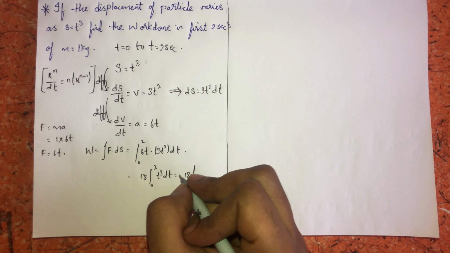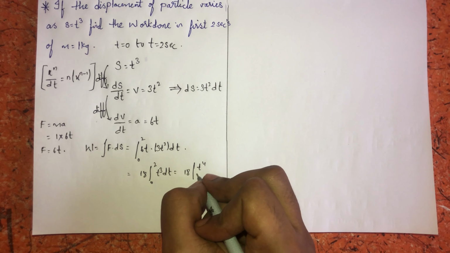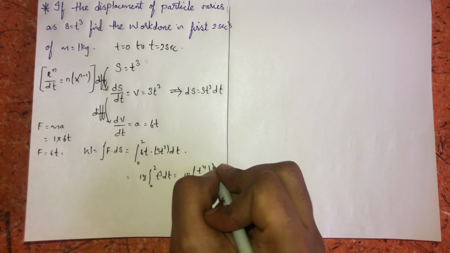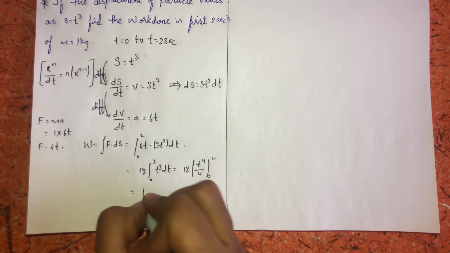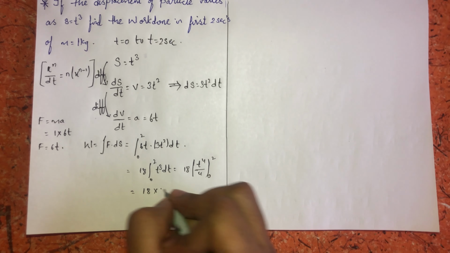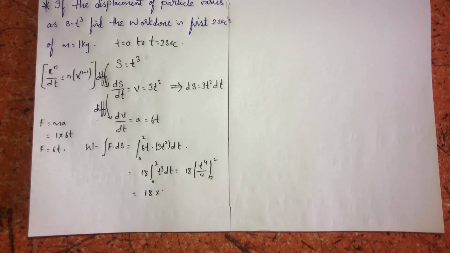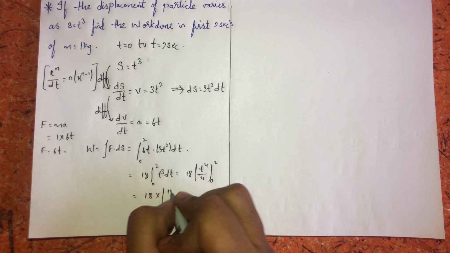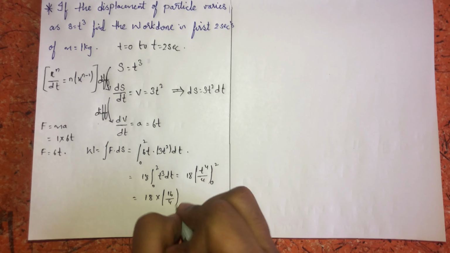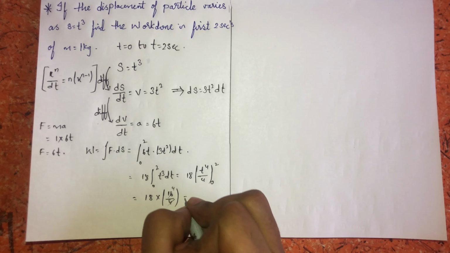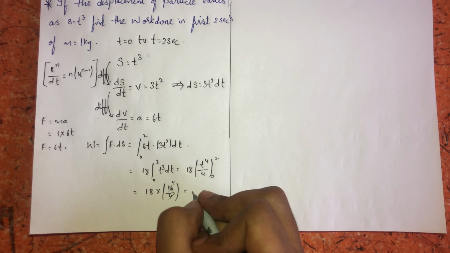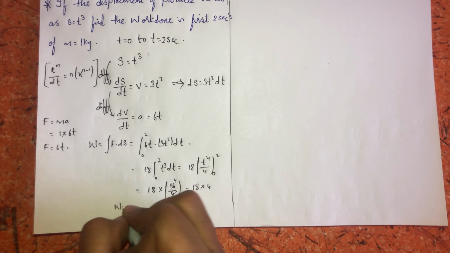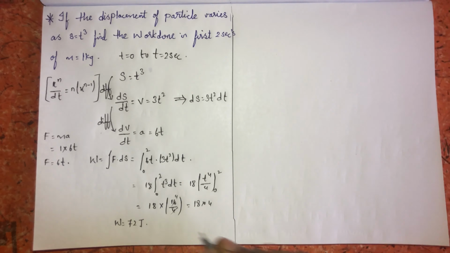Integration of t to the power of 3 into dt will get t to the power of 4 by 4. Coordinate 0 to 2 is equal to 18 into, taking the value of 2 in place of t, then 2 to the power of 4 will get 16 by 4. That is 4 4s are 16. 18 into 4. Work done will be equal to 72 joules.